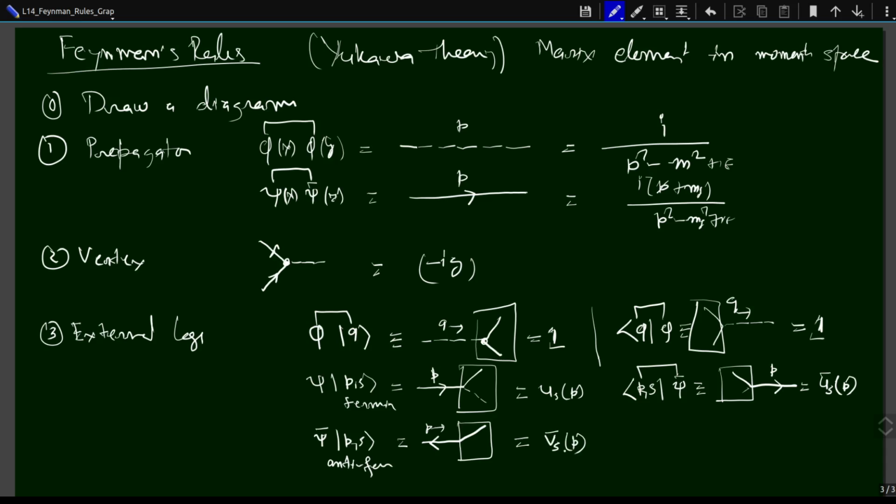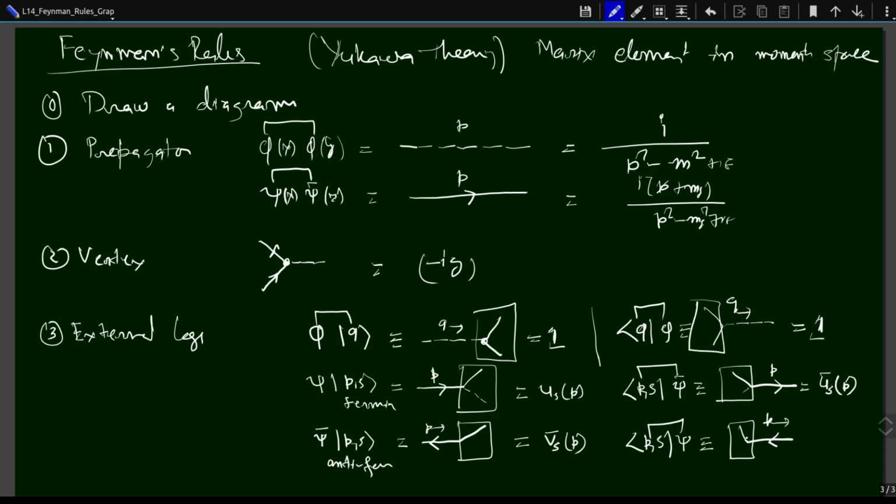Now for the final state, p and s, psi contracting with this is the rest of the diagram, and here is the fermion.